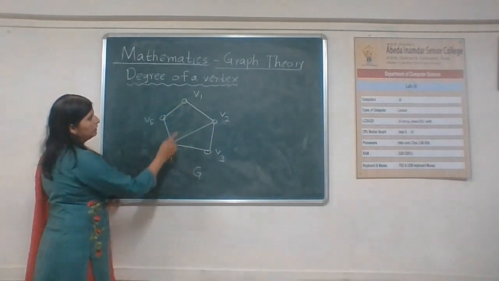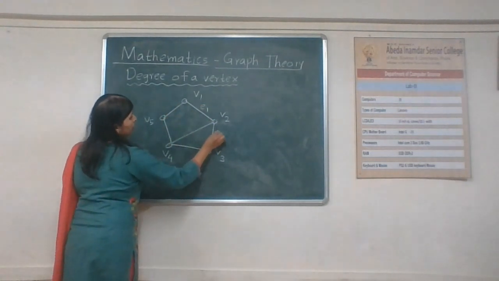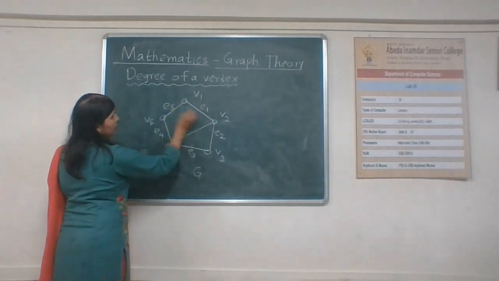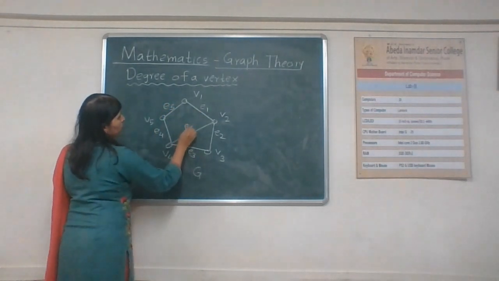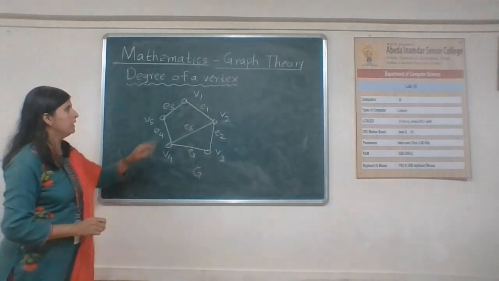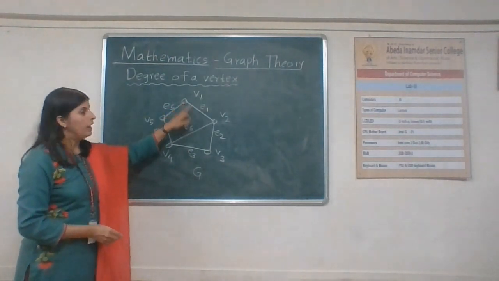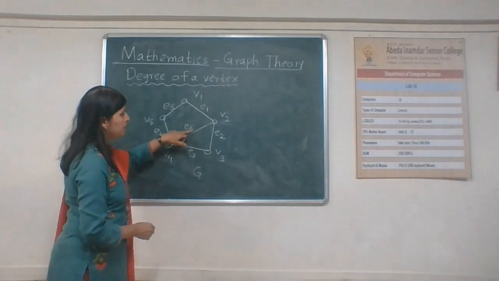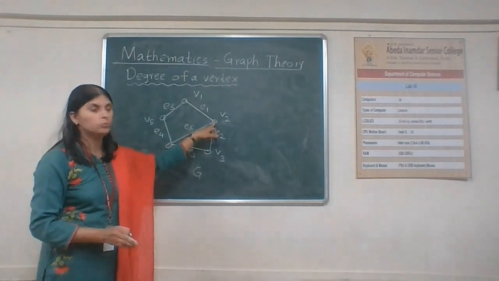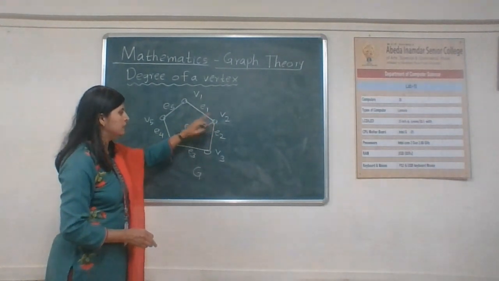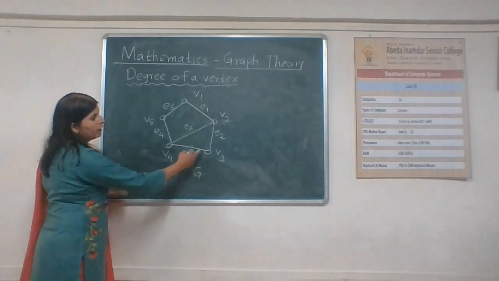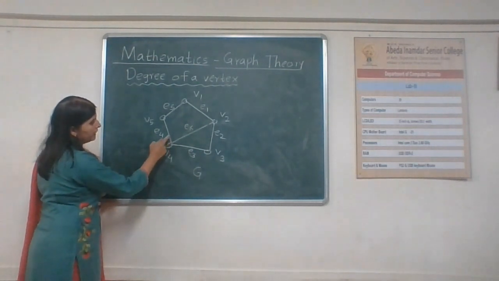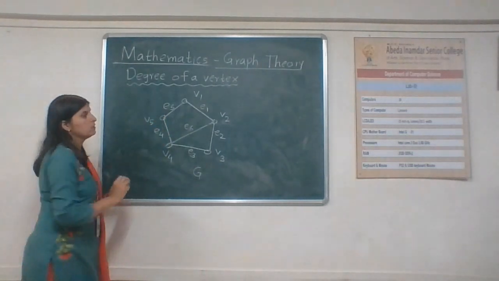At vertex V1 there are 2 edges incident, namely E1 and E5. So what is the degree of V1? It is 2. At V2 there are 3 edges E1, E2 and E6 incident on V2. So degree of vertex V2 is 3. Same way, degree of vertex V3 is 2, that of V4 is 3 and V5 is 2.